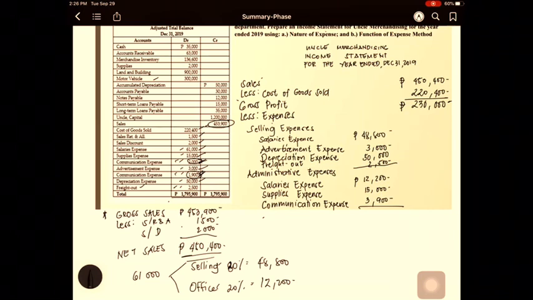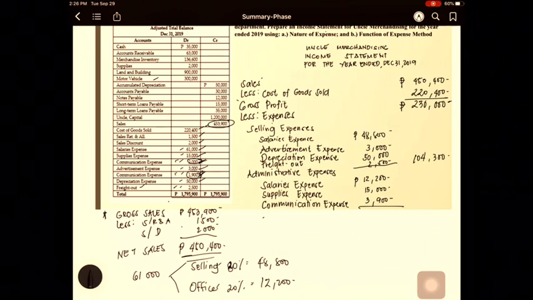For your total selling expense, that's 48,800 plus 3,000 plus 50,000 plus 2,500. So we have a total selling expense of 104,300.